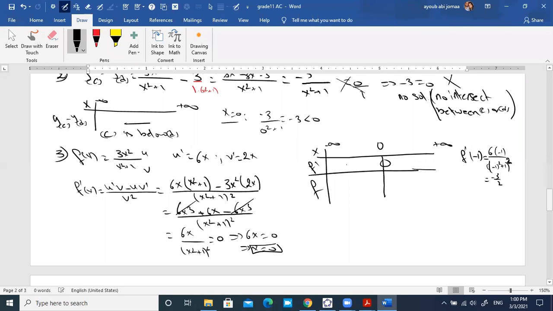It is negative, for negative 1. Number greater than 0, let's say 1, f prime at 1. Again, you replace in f prime: 6 times 1 over whatever, you get 3 over 2, it is positive. So the function is decreasing and then increasing. Before I continue, any questions?